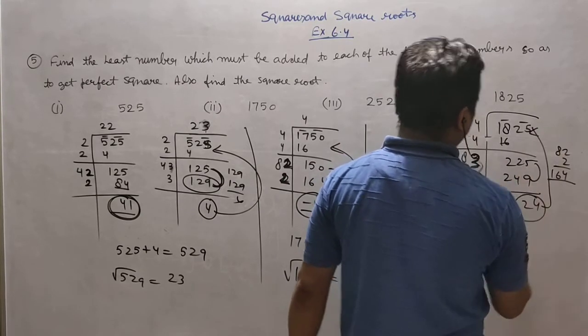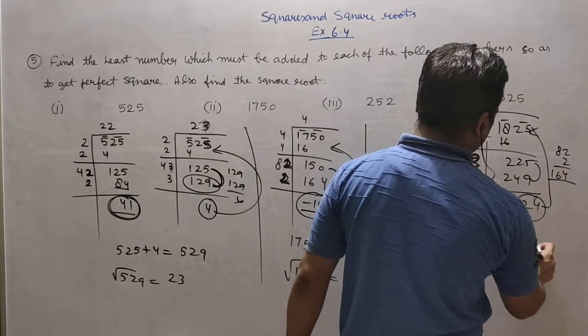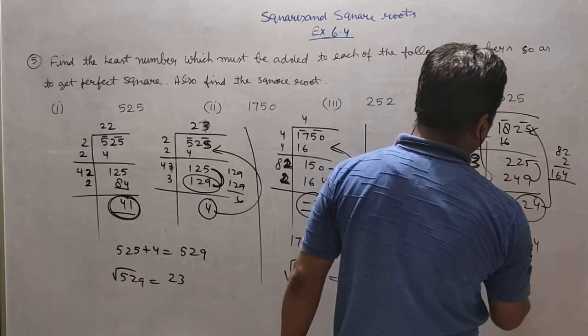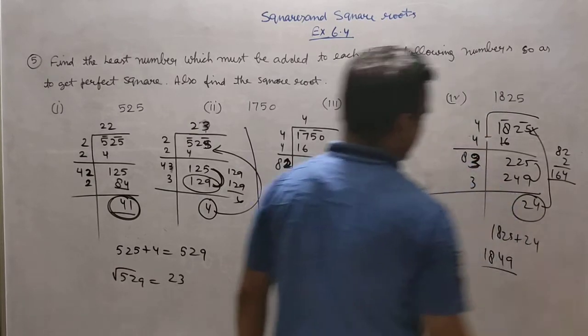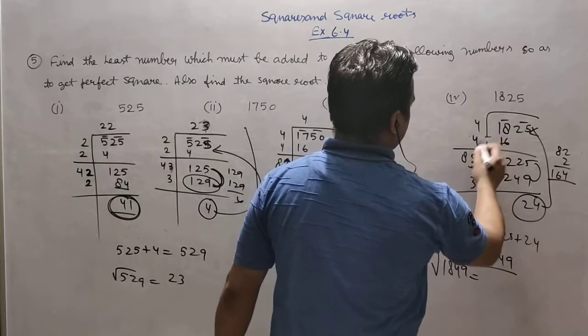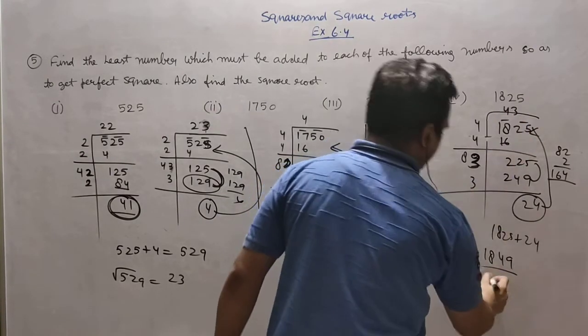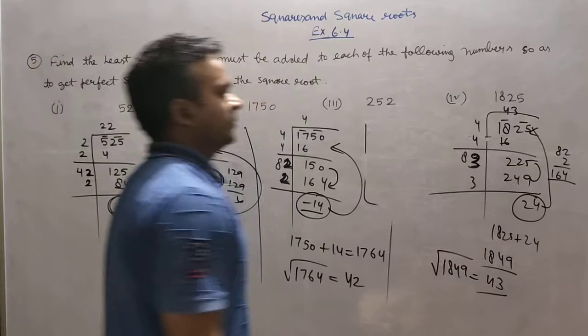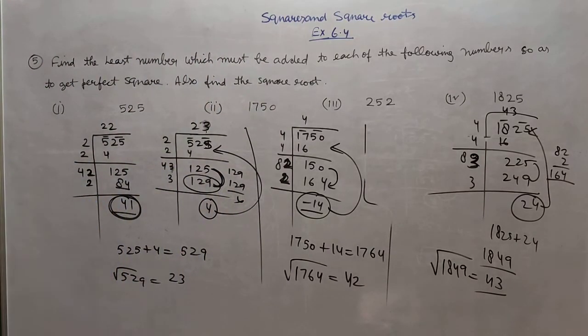So it means 24 should be added. So it will be 1849. And what is the square root of 1849? It is 43. Clear? So it means for addition, we will see the next number. So this is all about the addition part.